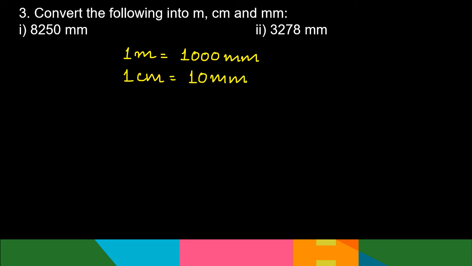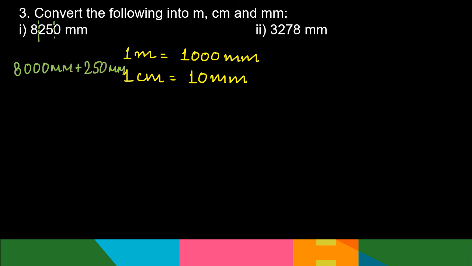We have to break the number. So first is 8250 millimeter. We will break this number from 1000 place, that is from this 8, and then this 0 will separate here. Therefore we will write this number as 8000 millimeter plus 250 millimeter.